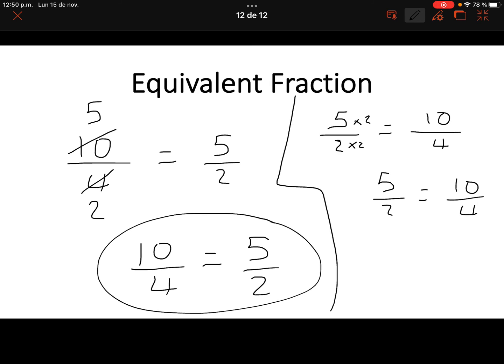Here it is not by simplifying, it is by extending the fraction. Simplifying means divide numerator and denominator by the same number, and extending fractions means multiply the numerator and the denominator by the same number. Those are the ways to find equivalent fractions.